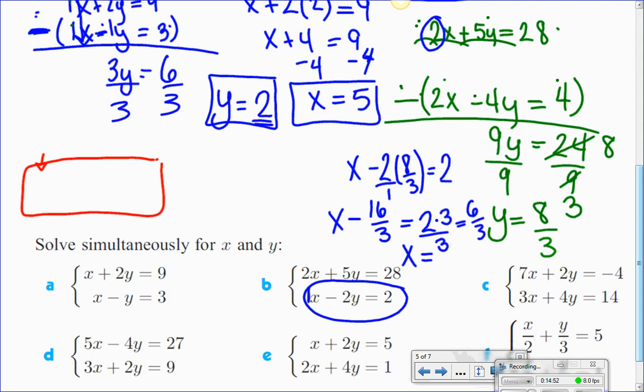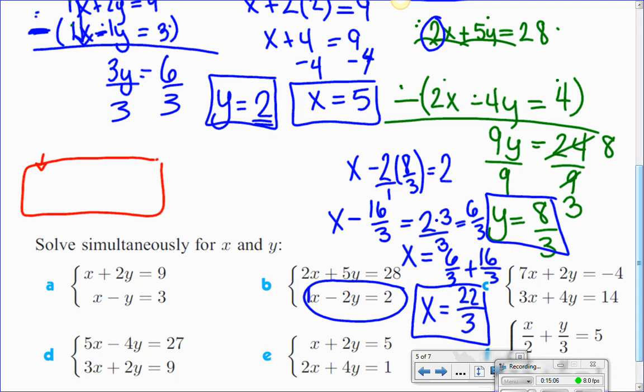So 6 over 3 plus 16 over 3, and x is equal to 22 over 3. Okay, so we have the point 22 over 3, comma 8 over 3.